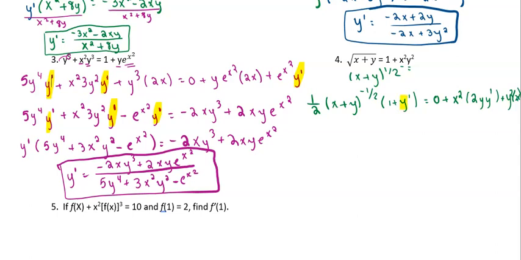So now we need to pull out and combine all of our y primes. So we have one right here, and we have one right here. So this is going to get a little bit messy, but that's okay. We can simplify it all down. The first thing that we're going to need to do is distribute right here.